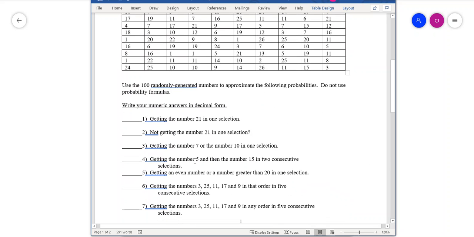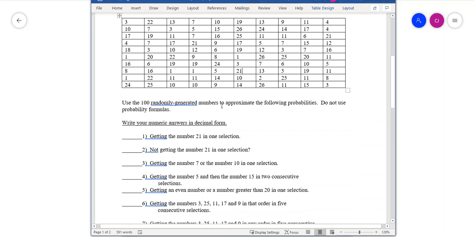Getting a number 5 and 15 in 2 consecutive selections, meaning getting 5 and 15 right beside each other in here. So like, see, here's 5, but it's not right beside a 15, so that doesn't count. Here's a 5, it's not right before a 15 now. So you have to look through here and see, do you have a 5 anywhere and then a 15 right after it?